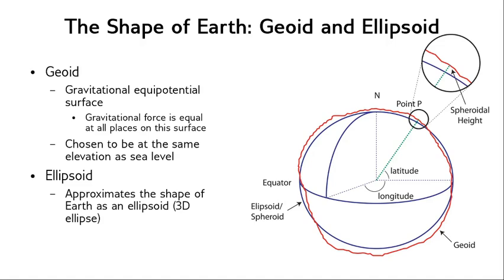So the geoid is one way of having a datum, and an ellipsoid is another way. And so an ellipsoid is just taking, we think about the spherical Earth approximation like a globe, and Earth is actually a little bit fat about the middle. And so squish that globe down, and that's an ellipsoid.